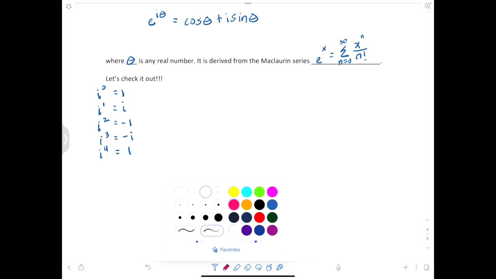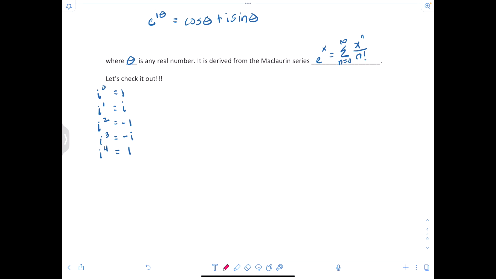Now, next step, the series e to the theta, okay? e to the theta is going to be the same as the e to the x one, but we're going to put thetas in there, all right?